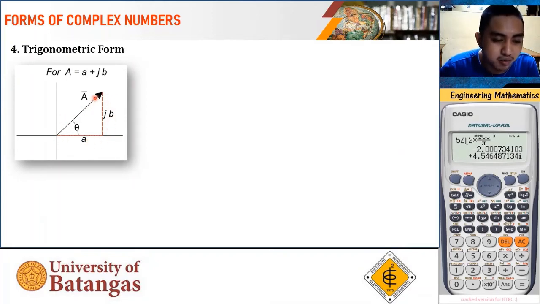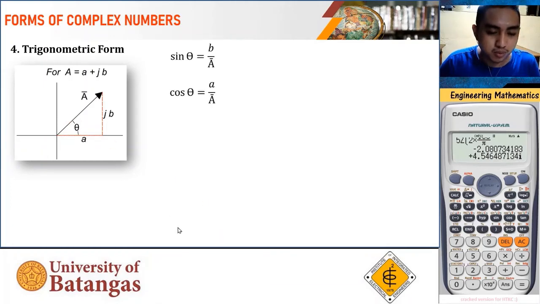Then, this is our A bar for our absolute or our modulus. Then, this is our argument or yung ating angular displacement. So, kung mapapansin nyo, makakabuo tayo dito ng right triangle. So, kung mayroon tayong right triangle dito, pwede natin itong gamitan ng trigonometric functions.